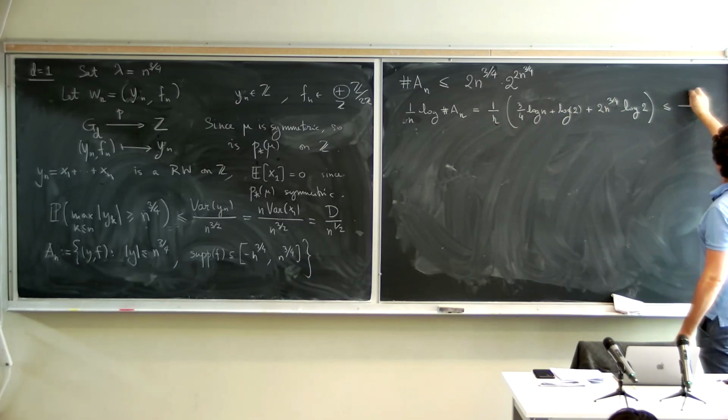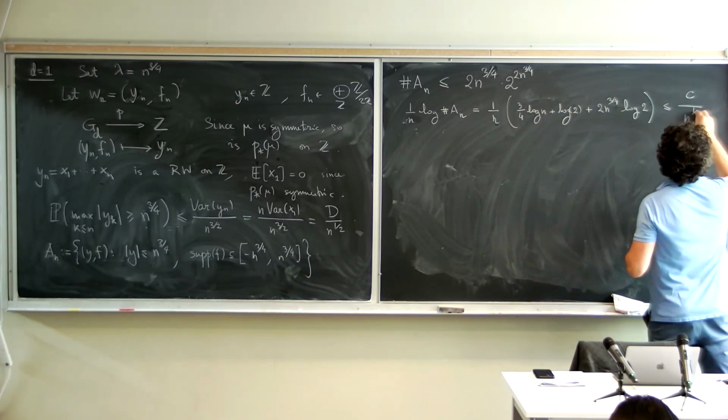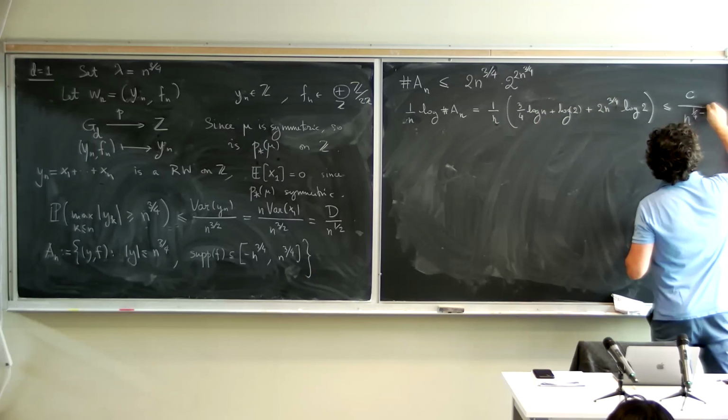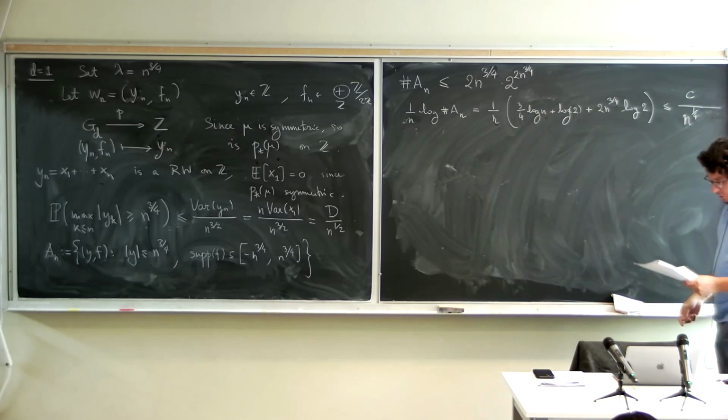So it's upper bounded by some constant times n to the 1/4, maybe you don't even need the epsilon. Yeah, you don't need the epsilon. Okay, very good. So that's even better.